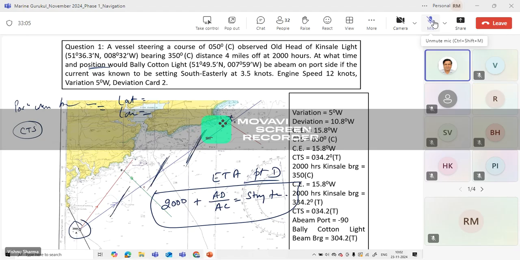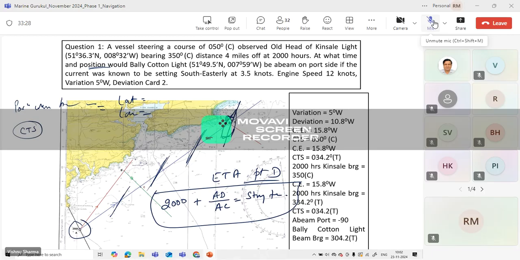So when your ship reaches here, the ship is actually heading like this. Ship has reached D, but her heading is as per the CTS. And the 90-degree angle will be made with the ship's CTS. 90 degrees is with the CTS, not with the CMG. Am I clear, beta? Is that clear?